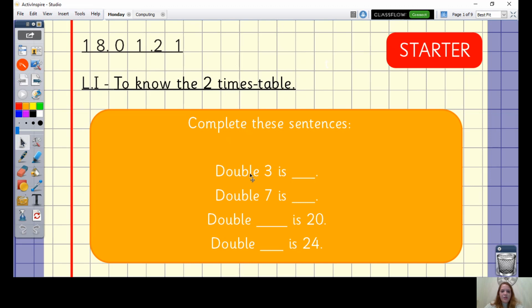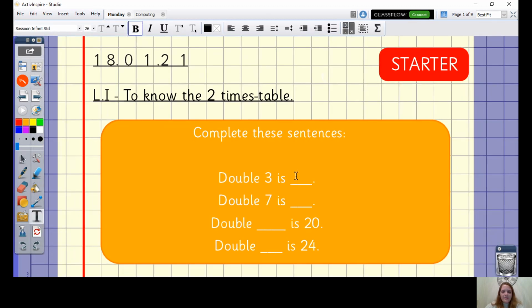Looking at the first one then, double 3 is 6. The next one, double 7 is 14. Now for these ones, you need to think about doing the opposite. So we've got the answer. So here, you need to try and find half of these numbers.